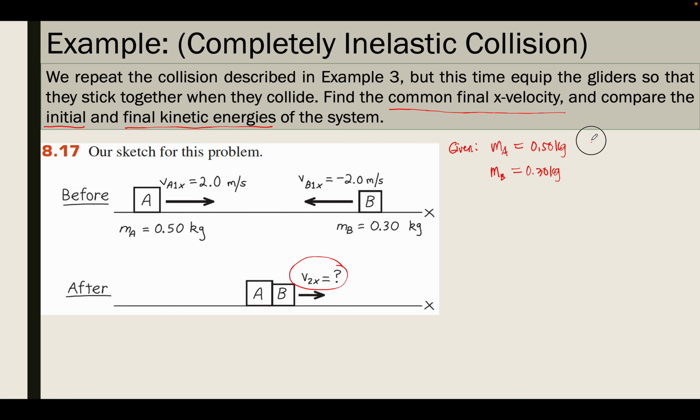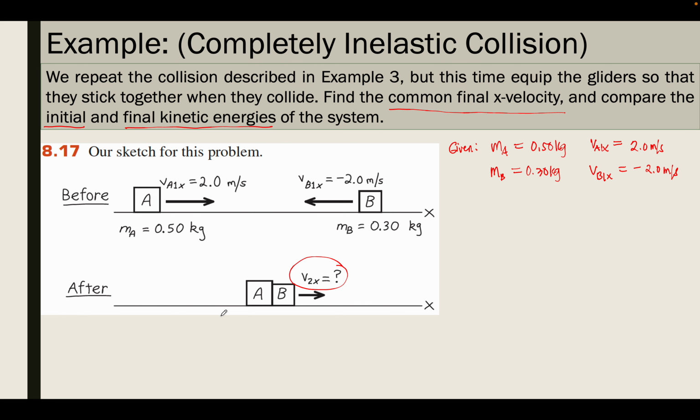The initial velocity vA1x of glider A is positive 2 meters per second, and the initial velocity of glider B is negative 2 meters per second, because glider B is moving toward the negative x-axis. Now we are asked to solve for the common final x velocity of these two gliders after the collision.